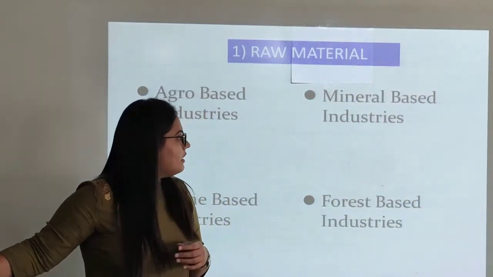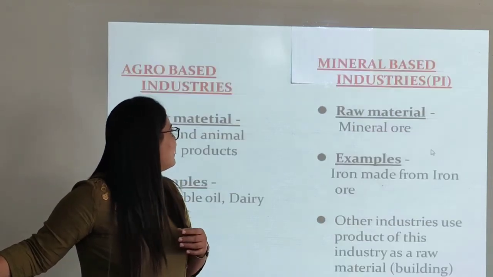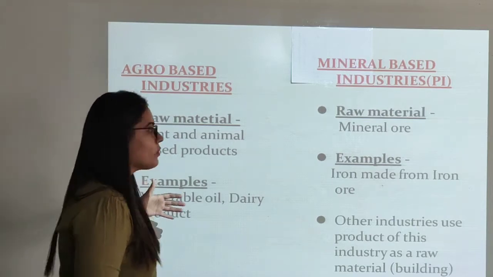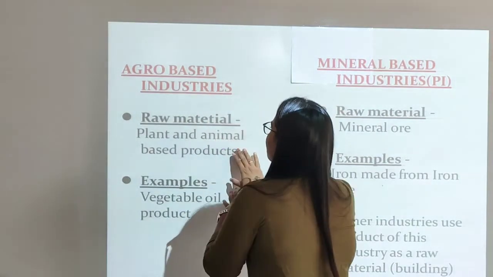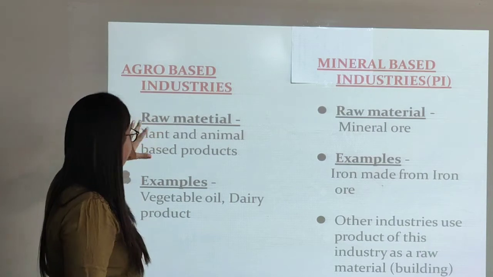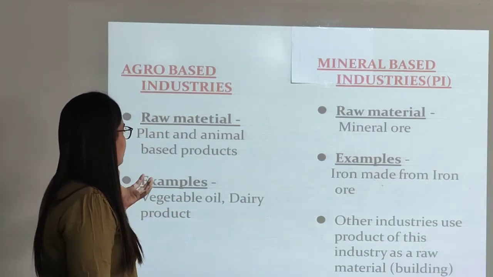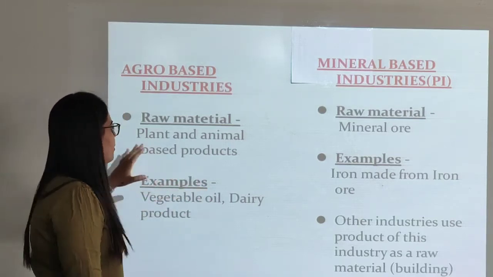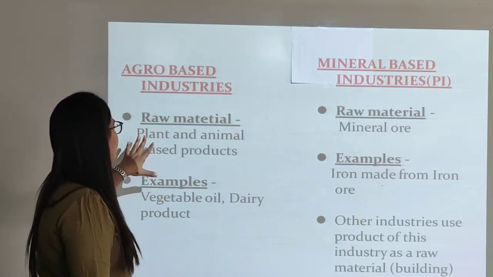Further divided, the agro-based industries use raw material, and we will be seeing examples of that. Agro-based industries are the industries which use plant and animal based products for the manufacturing of goods.